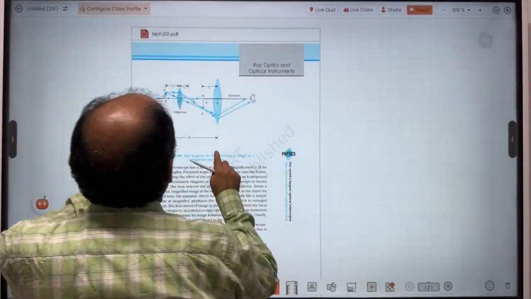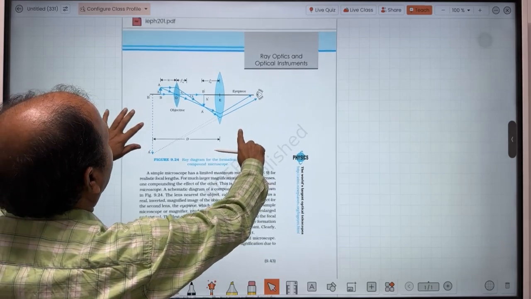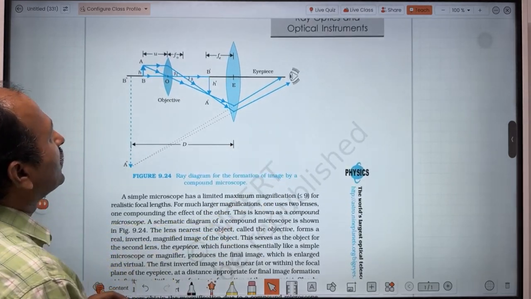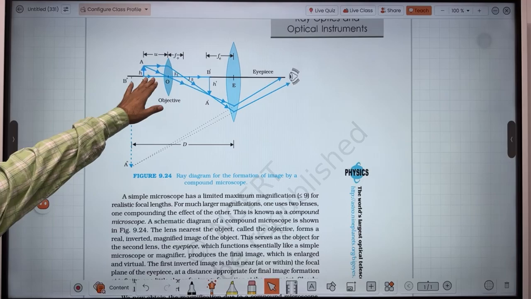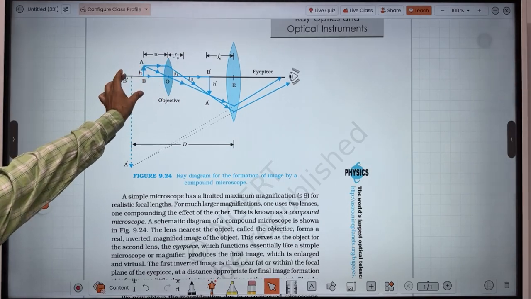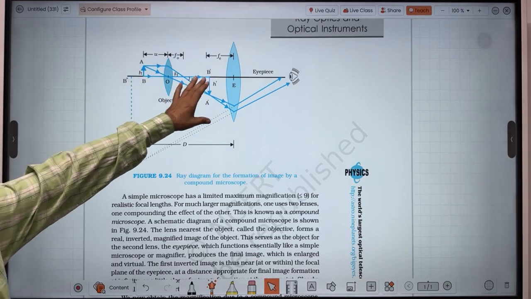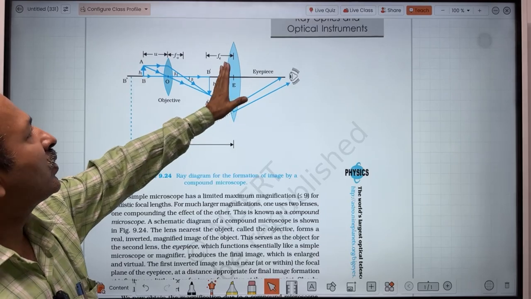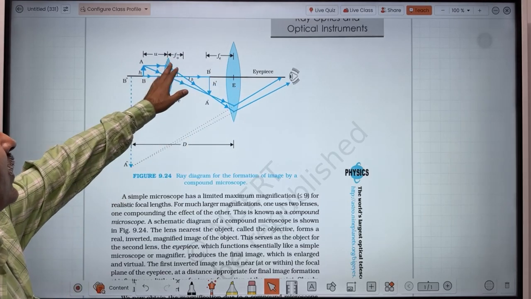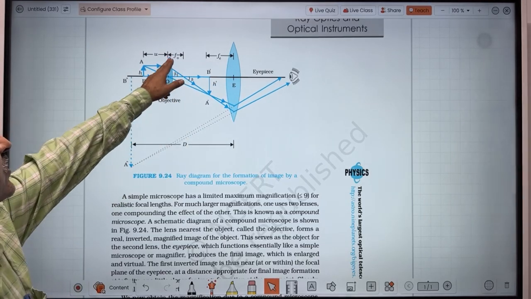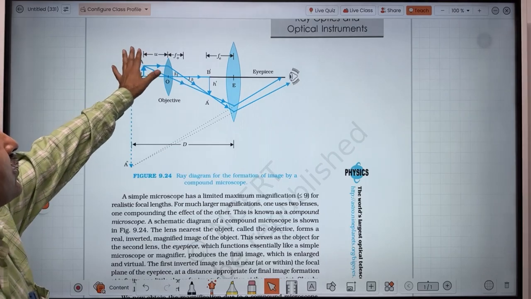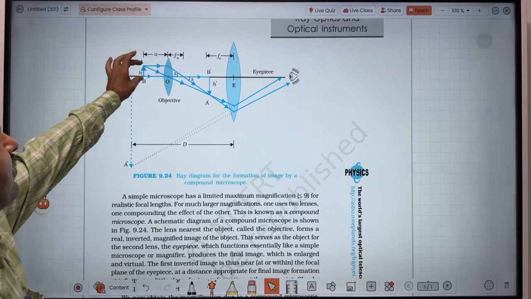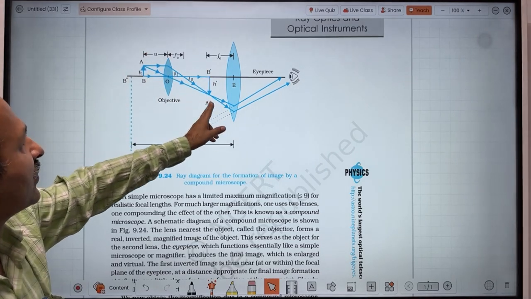This is the case of the compound microscope. Here we have taken two lenses. Objective lens, whose focal length is smaller, and this is the eyepiece, whose focal length is larger. Focal length of the objective is f(o). Here the object distance is u, and the image is formed at this point.